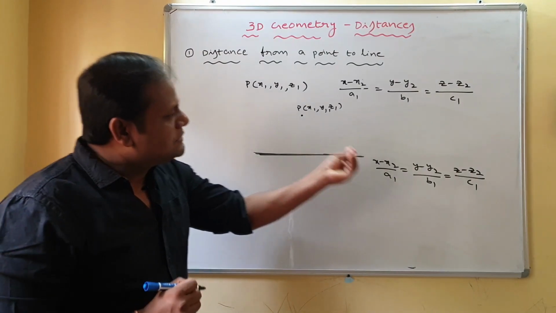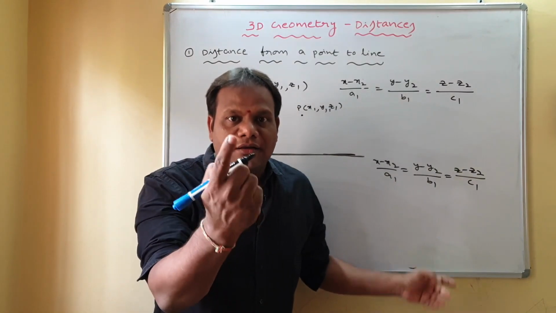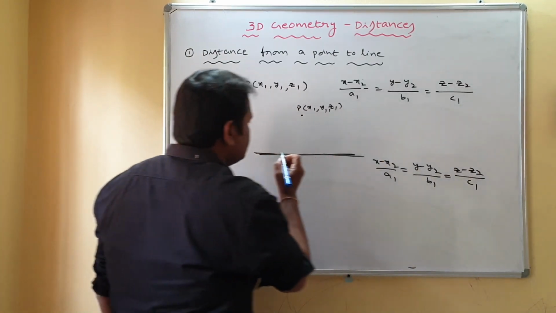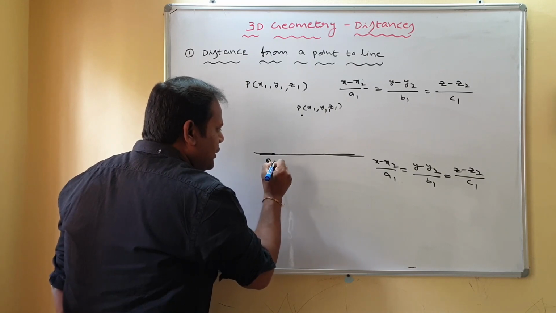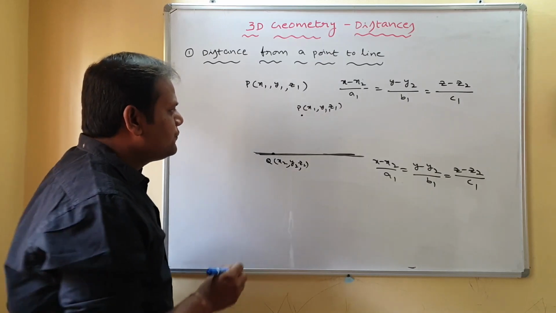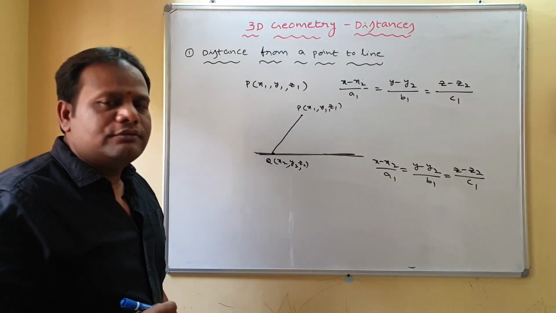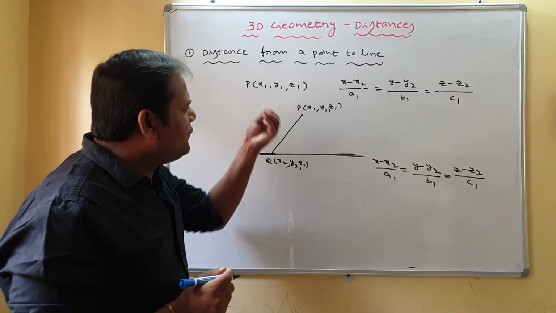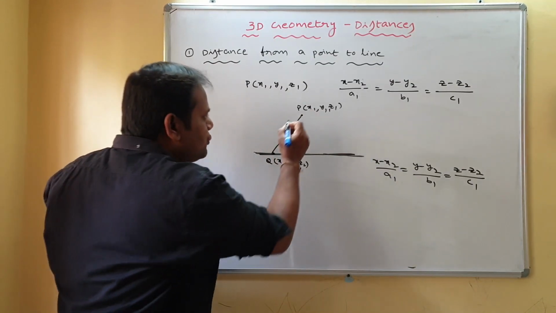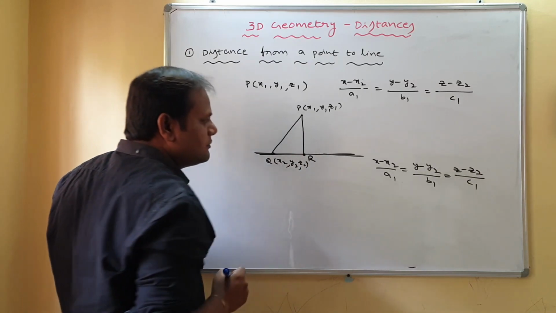By seeing this equation, you can tell one point on the line, which is (x2, y2, z2). So I am taking a point on the line, that is Q (x2, y2, z2). Join P and Q. Now we want the perpendicular distance from P to this line, so you drop a perpendicular. Suppose this is R.